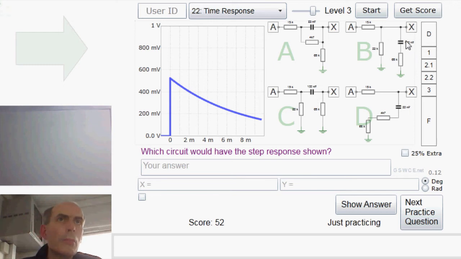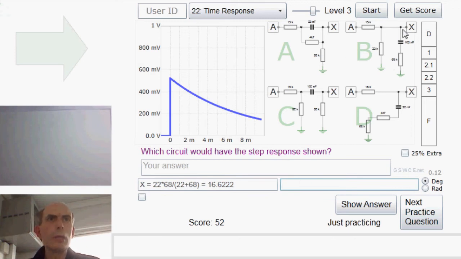This one, B, could be B. B at time t equals 0, you'd have 15K here, and then 22K and 68K in parallel here. And 22K plus 68K in parallel is 16K, so you'd have 15K here and 16K coming down here in the potential divider, which would be just about right.